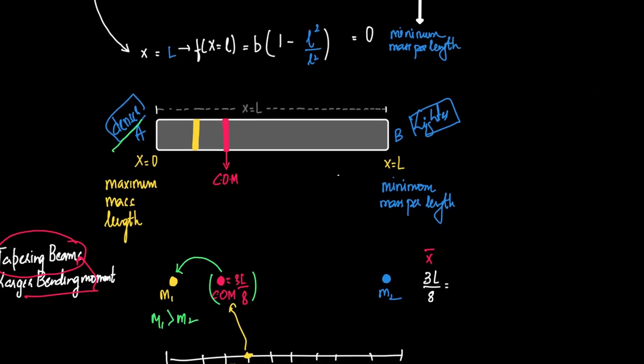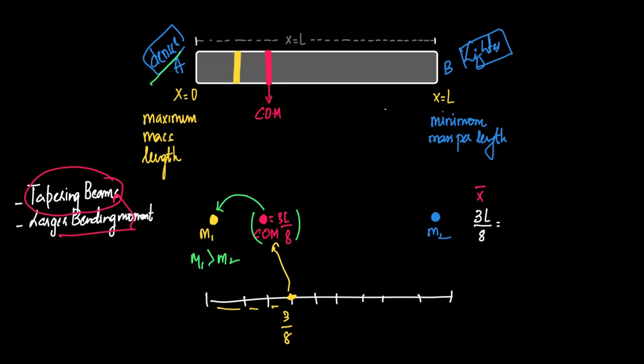And we also discussed that the center of mass is closer towards the denser side and is far away from the lighter side, which marks the concept of tapering beams.